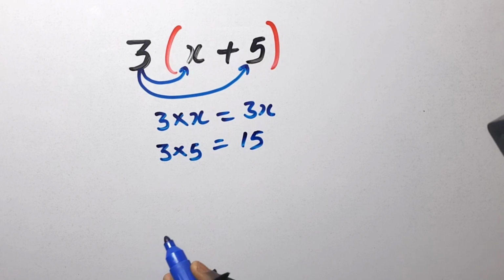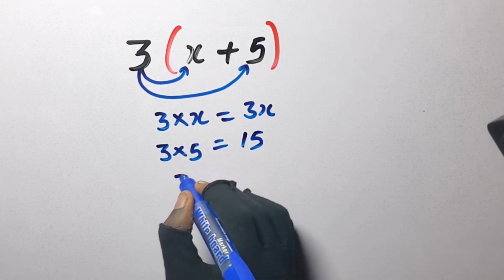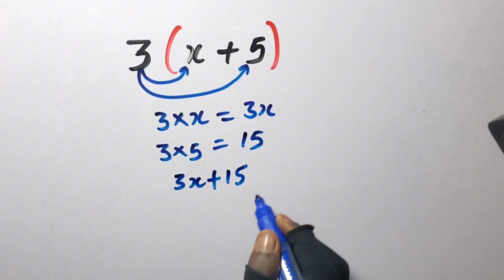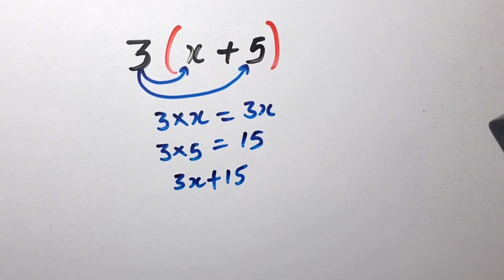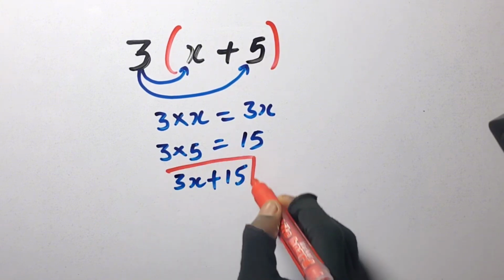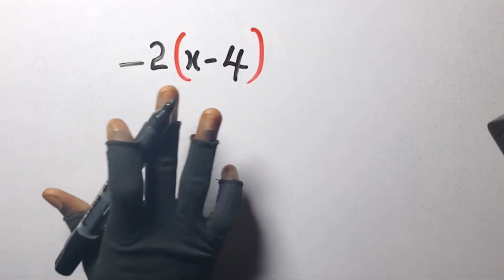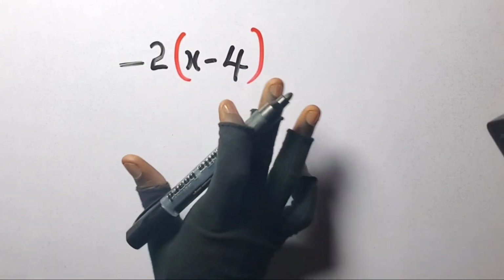Okay? Therefore, the result is 3x plus 15. And then this is our final solution.